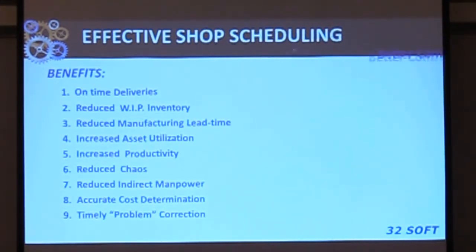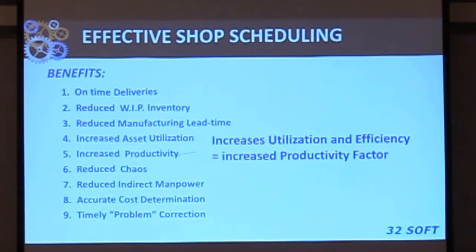So what does it mean to effectively schedule? First of all, you've got a better chance of on-time deliveries, and reduced work in process because you're keeping those work orders out of WIP and you're controlling what's being worked on. You've got reduced manufacturing lead time, so you can reduce the shop time from 2 weeks to 2 days, so you can do a quicker job of promising orders to your customers.